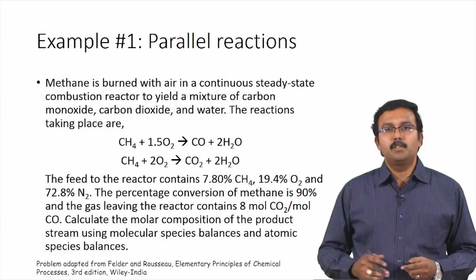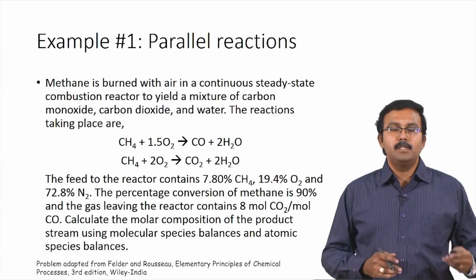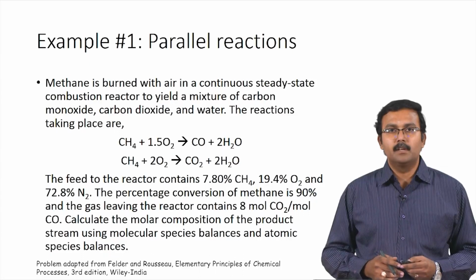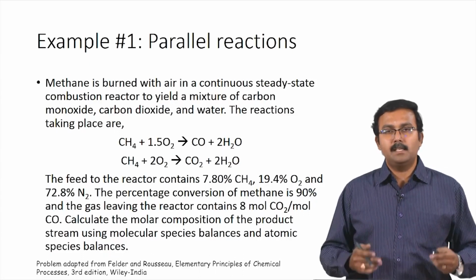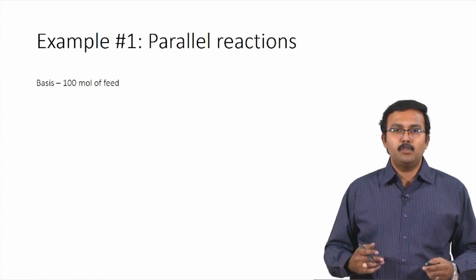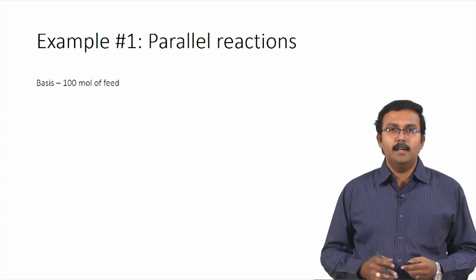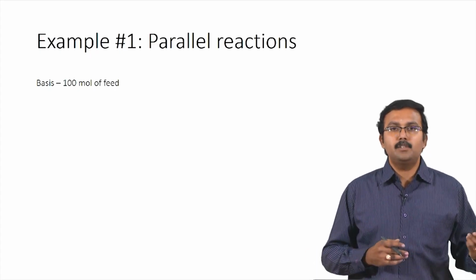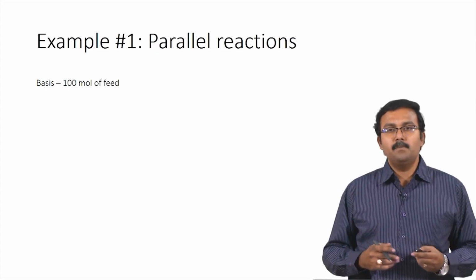Let us now try to solve this problem. If you look at the problem, you see that no flow rates have been given. So we can use a convenient number as the basis. Here I have assumed a basis of 100 moles of feed, as we have the mole percentages for the feed stream which is coming in.